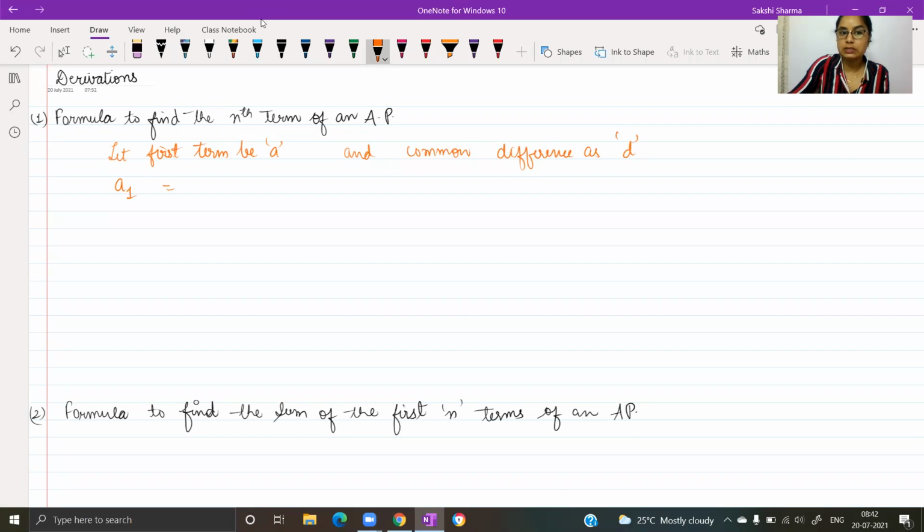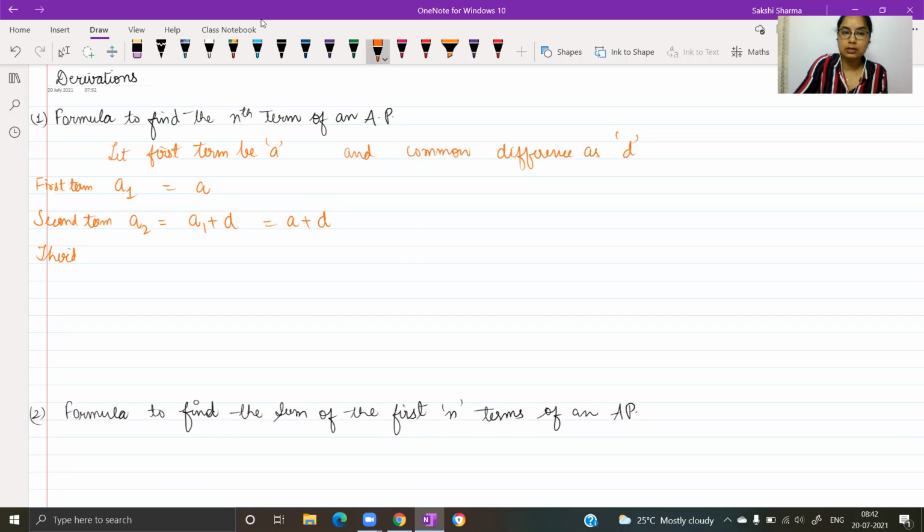The first term itself is A1. The second term, represented by A2, is equal to A1 plus D. Previous term में हम common difference add कर देंगे. तो आपके पास answer आएगा A plus D.